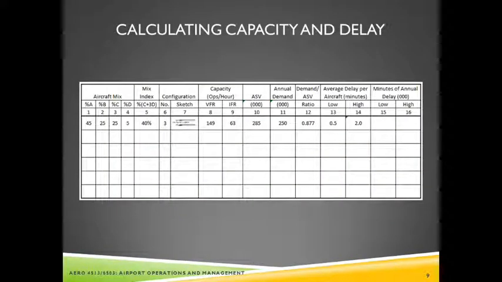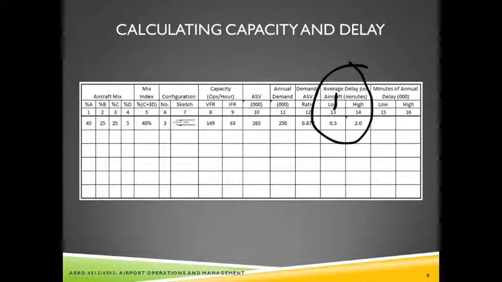So plot those numbers, the average delay per aircraft, and then we're going to take the average delay per aircraft and project that number to the actual minutes of delay over the course of the year. To do this, we take the low and high average delay per aircraft, respectively, and multiply those numbers by the number of aircraft operations we anticipate.